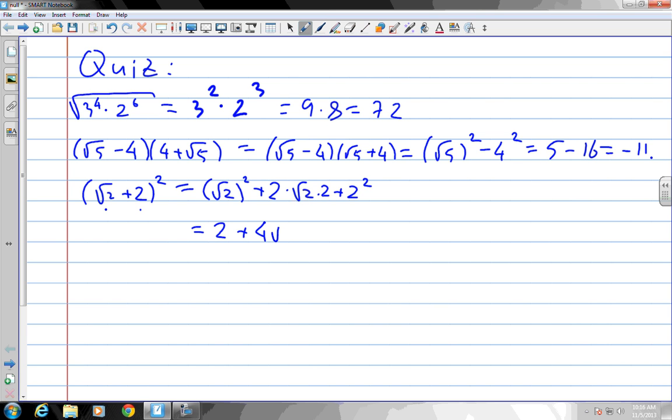We get 4 square roots of 2, and then another 4, right? 2 plus 4. So that's that. Good.